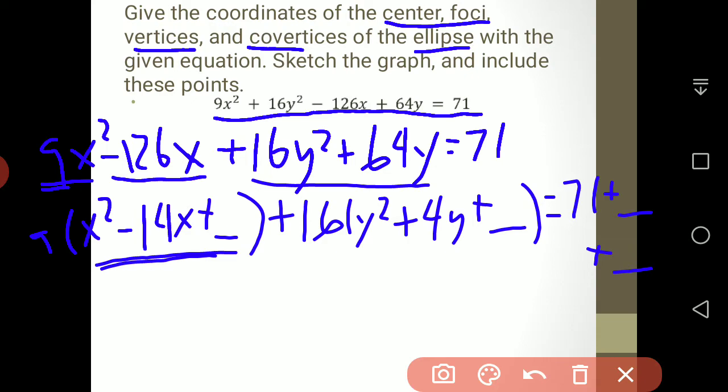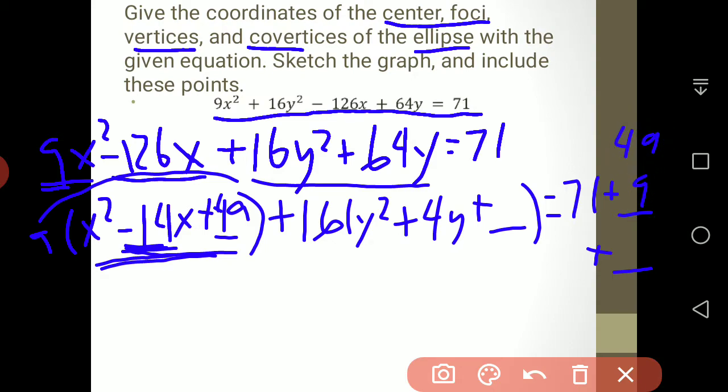So what shall we add here inside our parentheses? Remembering that we have to get the half of this and square that, so negative 14 divided by 2, that's negative 7, squaring that, that's 49. So that 49 times 9 shall be added here.